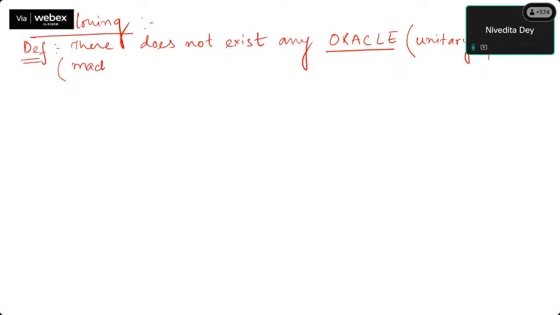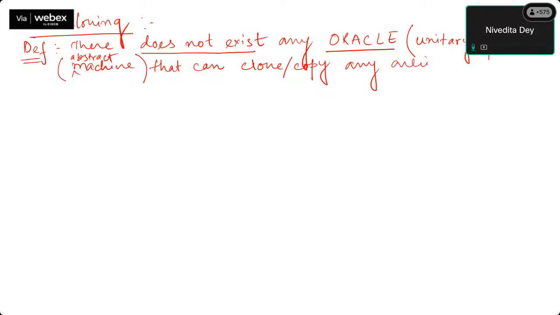Machine here means not a physical machine, we are talking about abstract machines. There does not exist any oracle that can clone or copy any arbitrary quantum state.